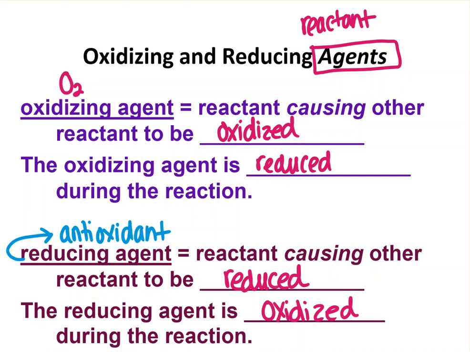We say that in medicine and biology. An antioxidant is something that reacts with an oxidizing agent and makes it less reactive, basically. It reacts with it so something else doesn't. But anyway, a reducing agent reacts with an oxidizing agent.